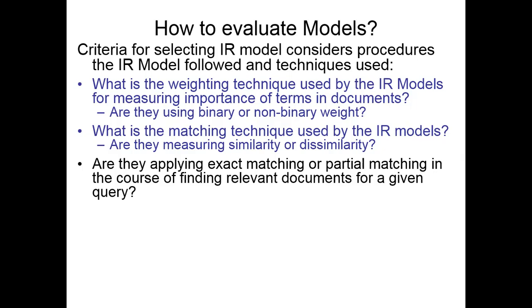So for that, we need a partial matching. If I'm searching for information retrieval, it has to identify a document containing information, a document containing retrieval, and a document containing both information and retrieval.